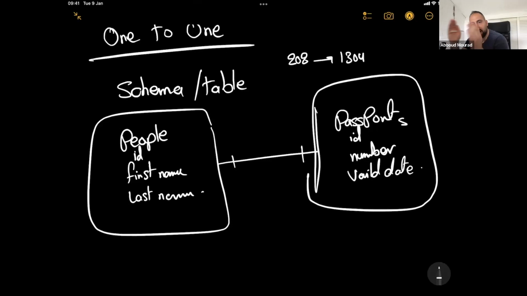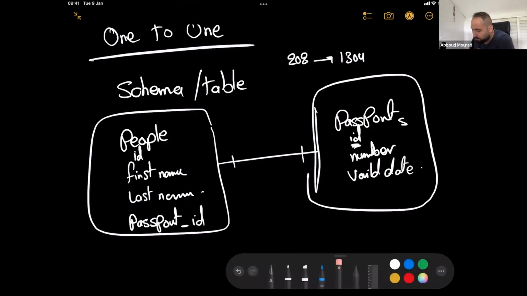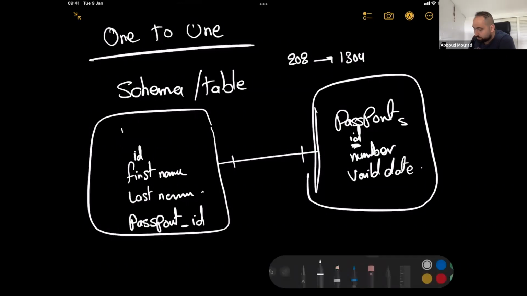In the relationship, the database makes a record automatically. Inside the people table, it makes something called passport ID, which is the ID of that passport, written in the person record. Instead of people, I just like to say person.